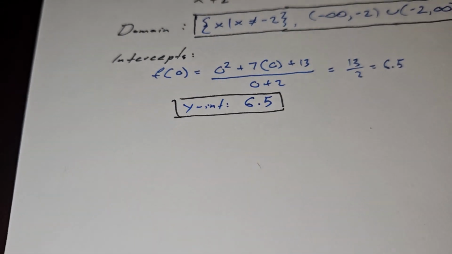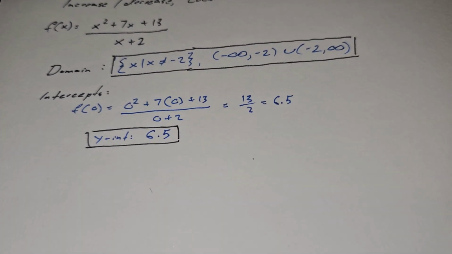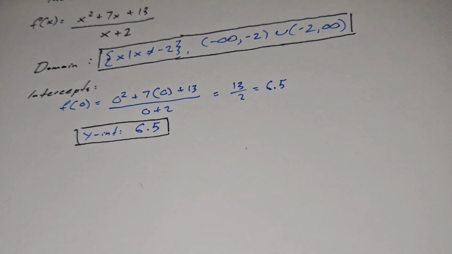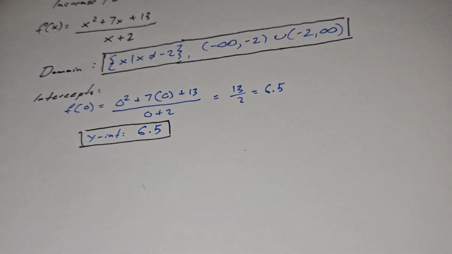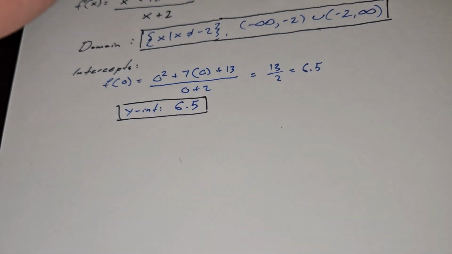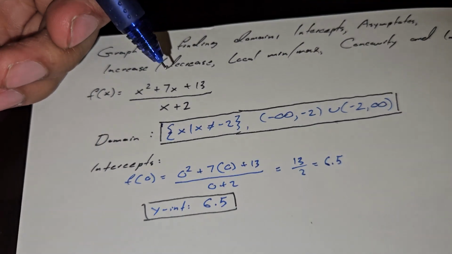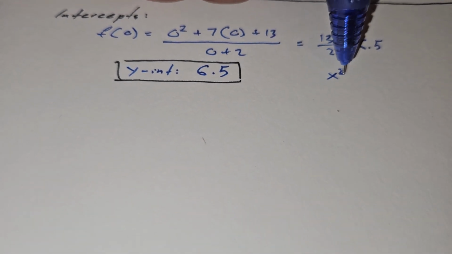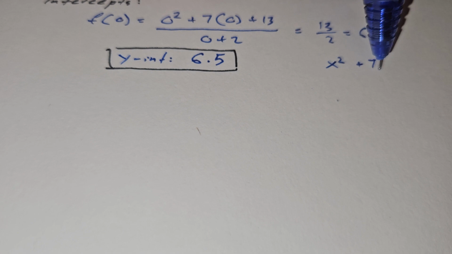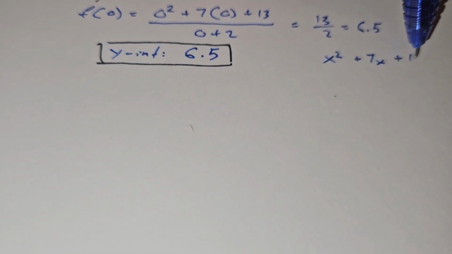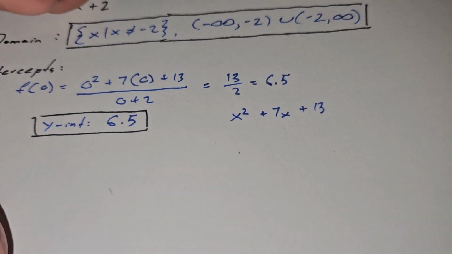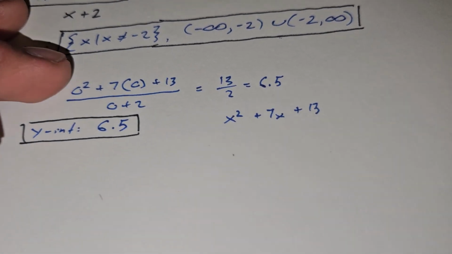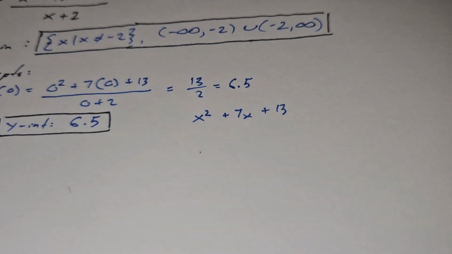There we go. Okay, so let's go ahead and find out the x-intercept. In order to find the x-intercept, let's go ahead and factor this. So we have x squared plus 7x plus 13, and we see here that we can't really factor this, so let's go ahead and use the quadratic formula to find our x-intercept.